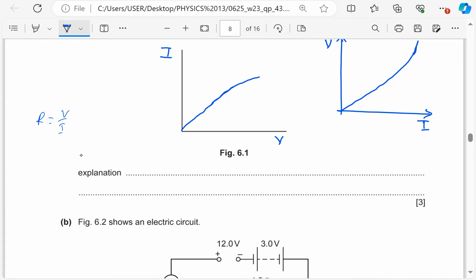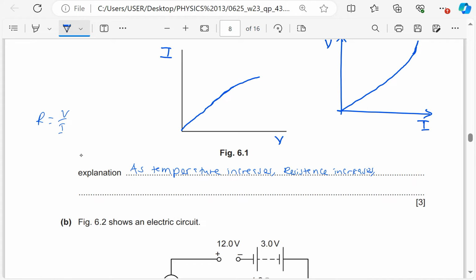So I'll say as temperature increases, resistance increases. So what does that mean?